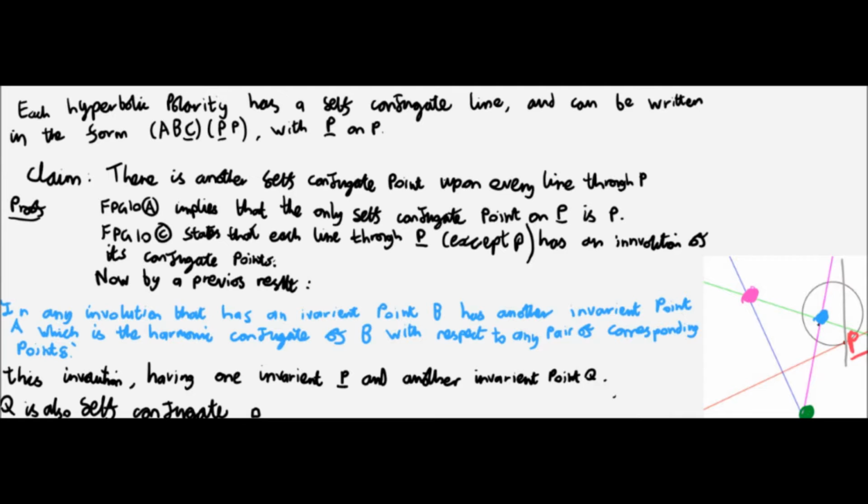So that pretty much proves our theorem, because we've proved that for every line, as in the grey line, through this self-conjugate point, there's going to be another self-conjugate point. So this establishes the multitude of self-conjugate points in this system.